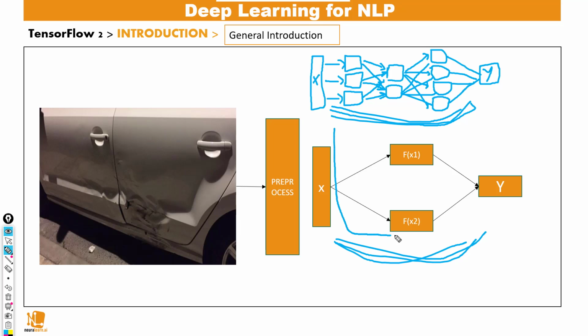So understand that a layer is simply these nodes or neurons right here which have a common input and a common output. And the way the neurons in the layer interact with the input in order to produce the outputs depends on the type of layer we're working with.